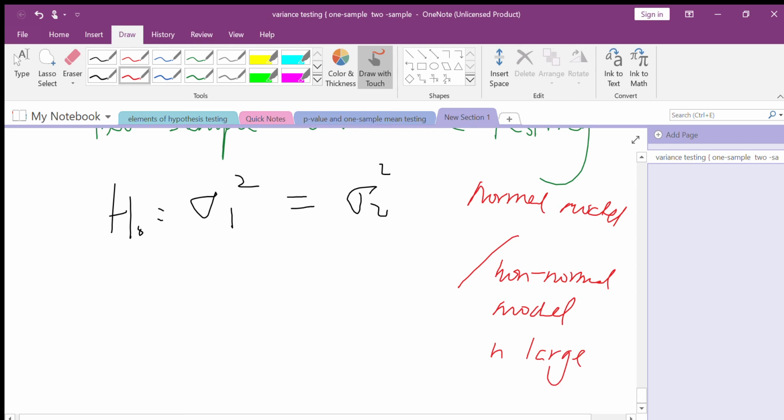But here it is a two-sample case. So what is the normal model in the two-sample case?